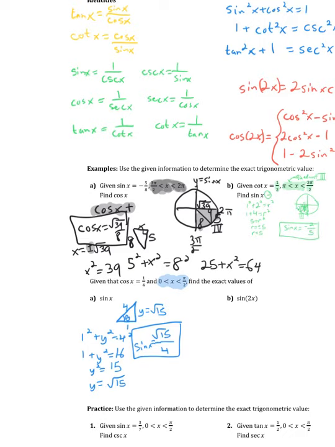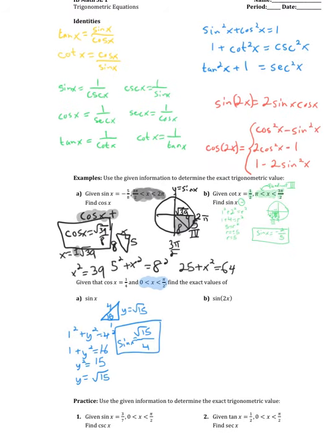For the second one, sine of 2x, that's a double angle identity. So I have to look at this and say, well, this is the same as 2 times sine of x cosine of x, which is what I've written up above. So basically, I have to know what sine of x is and what cosine of x is, and I'm going to multiply both of those by 2. It's just a simple substitution for this problem.